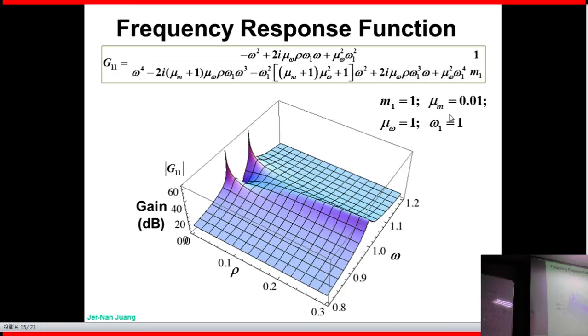And this is only one example. In theory, you're supposed to use all the design parameters you can to design your system. But normally this is all fixed. In other words, your design mass, your TMD mass, you don't want to be too heavy, put on the top of 101.